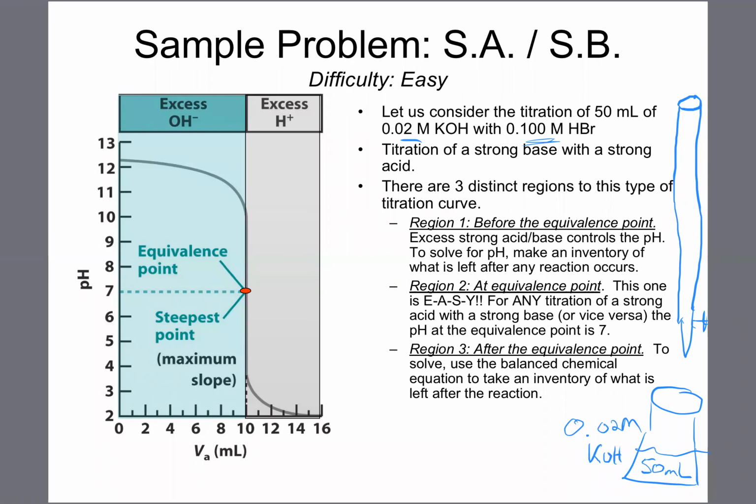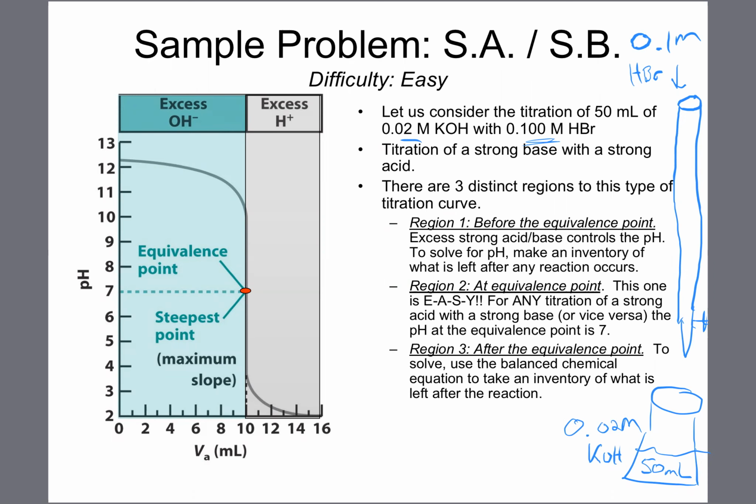We recognize that as a strong base. Now we're going to titrate that with our titrant, 0.1 molar HBr. And just like HCl, hydrobromic acid is a strong acid. So this is a strong acid, strong base titration. This is the experimental setup, what it would look like.